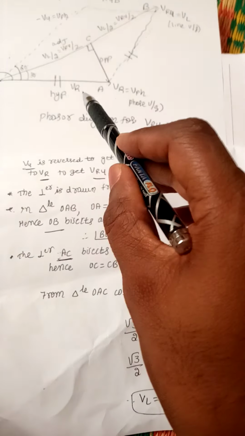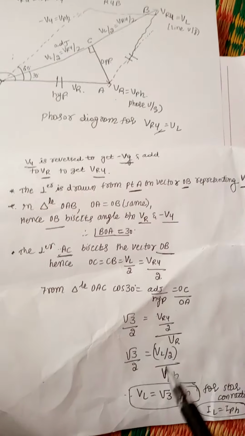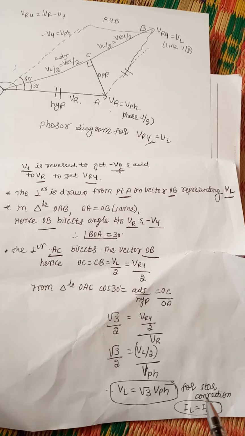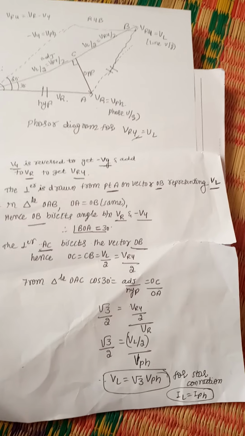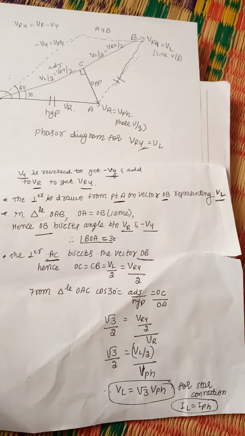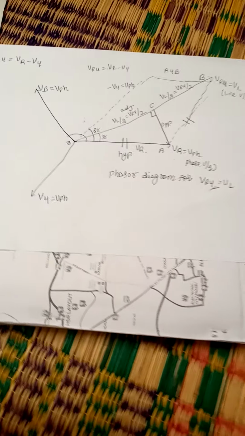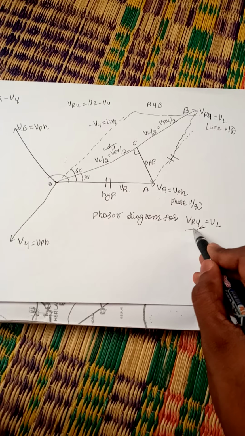VR is nothing but your phase voltage VPH. So if you simplify it, you will get VL equal to root 3 times VPH for star connected load. As you know, the line current is equal to the phase current in the case of star connected load. So this is the way to draw the phasor diagram for vector VRY.